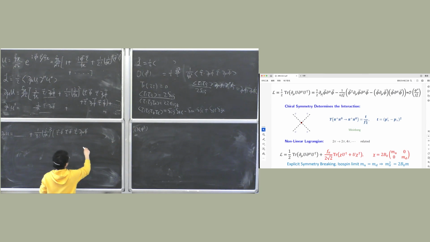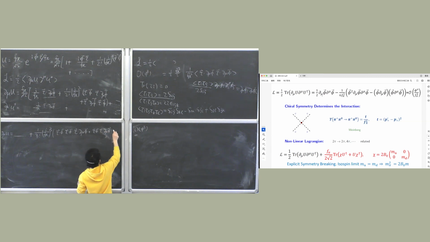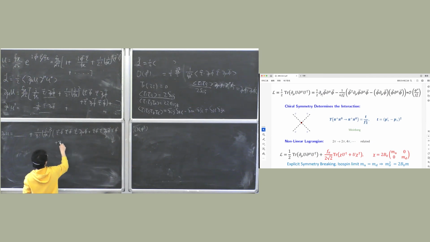This one term, plus tau phi tau partial mu phi and tau phi. Again, the last term is... and for the partial mu U dagger, just add a minus sign to this.